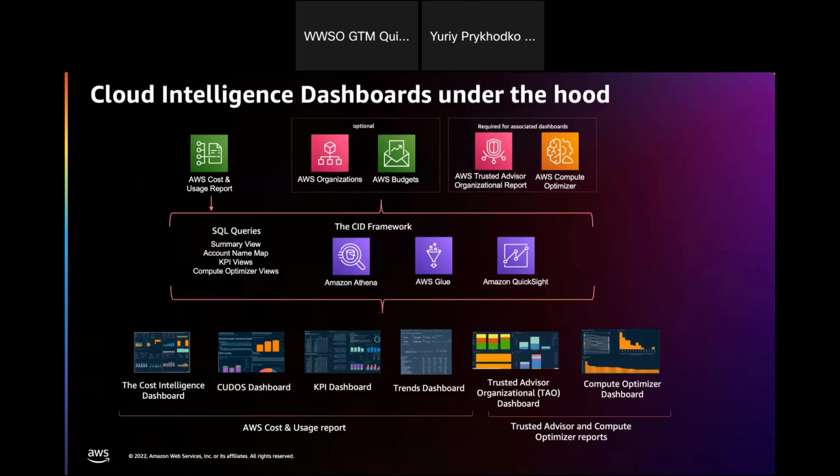We provide Cloud Intelligence Dashboards as a starting point for you, and you can build on top, leveraging all the great QuickSight functionality of a BI service to enrich them with your custom data sources like business metrics, or to bring your organizational data such as mapping of your accounts to different cost centers, and customize some visualizations for your chargeback or showback rules, and so on.